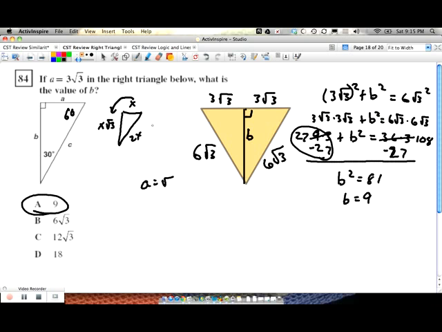So if a equals 3 times the square root of 3, then b is going to be a times the square root of 3, which is really 3 times the square root of 3 times another square root of 3, which is 9. So that is faster, but it requires that I memorize the formula. I'm just showing you guys it's doable both ways. Both work.